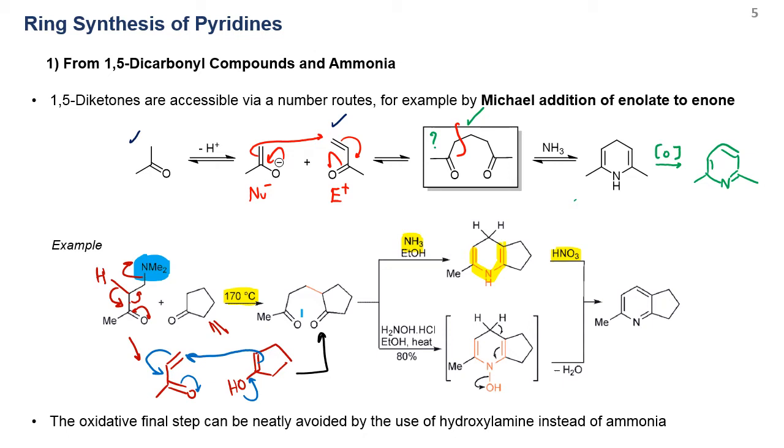If you want to avoid this oxidation step, instead of using ammonia, it is probably easier to use hydroxylamine, because the dienamine type that you get will have an already installed leaving group of OH. So if you heat it up, you can eliminate water and generate the pyridine in one step, with no need to oxidize further.